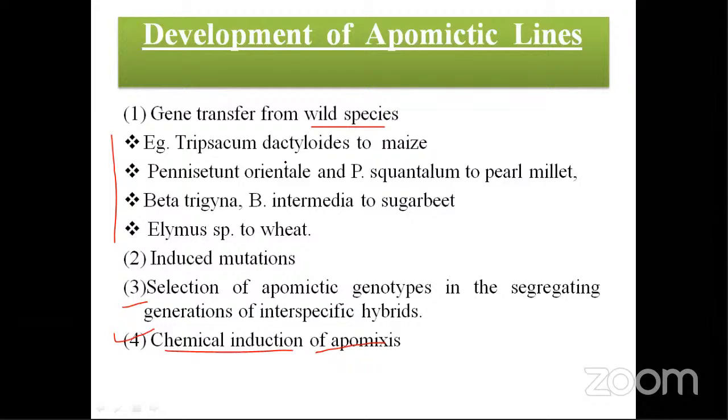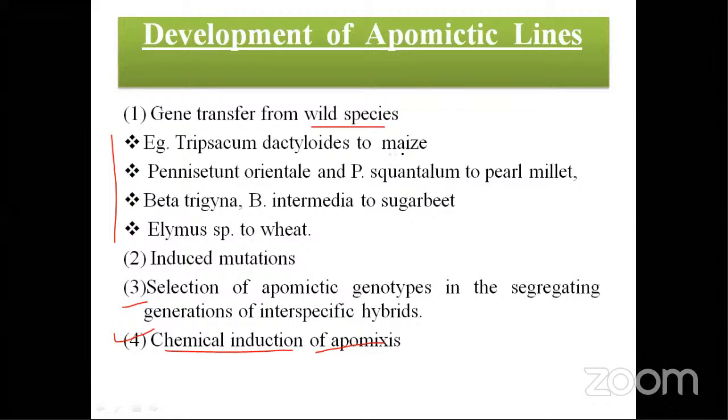So anywhere you find any sort of source for apomixis or source for cytoplasmic male sterility or source for any resistance, you should note that down and make a chart out of it, so that it will be easier for you for revision, right? So I found these four basically, so I put it here. If I find any extra information regarding this, I will tell you.